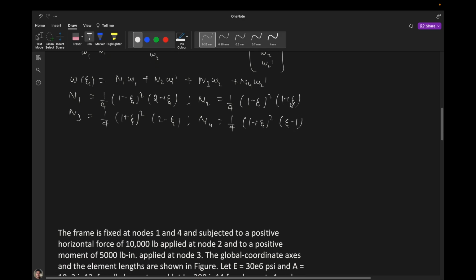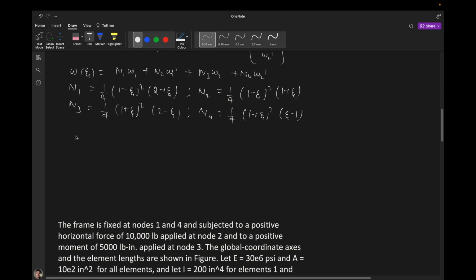Okay, and for the coordinate x, we are using the Lagrange shape function. And since this is for element E, we will write E.